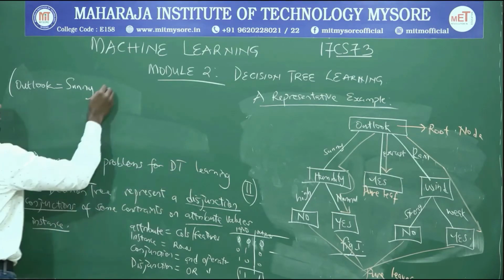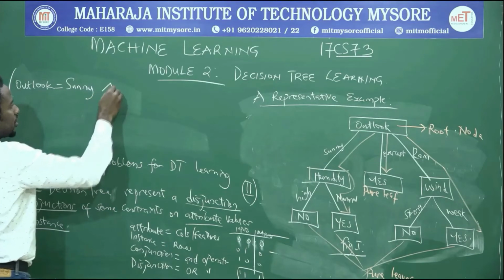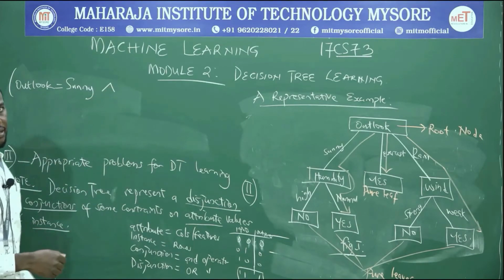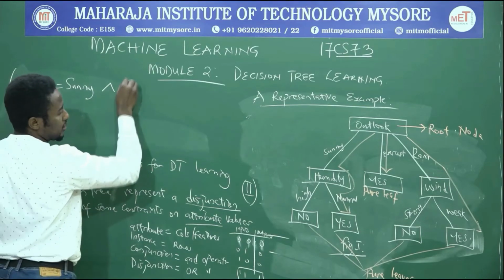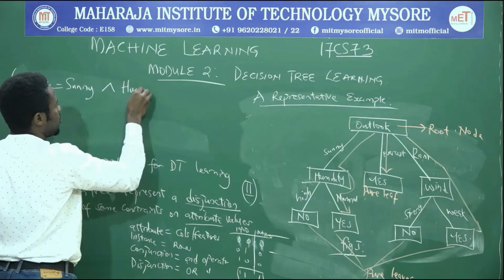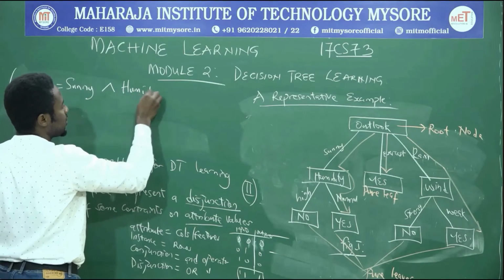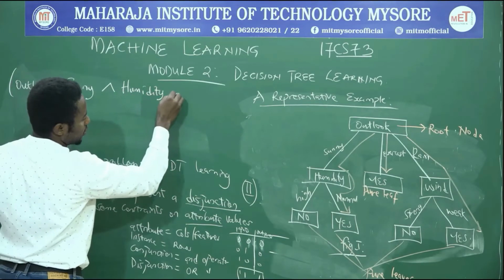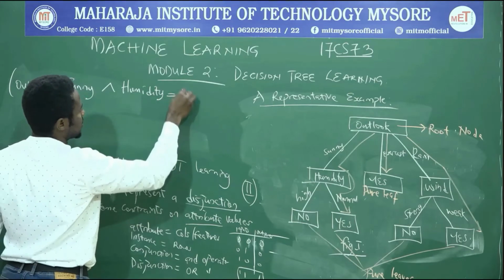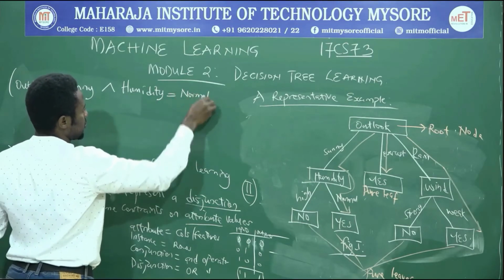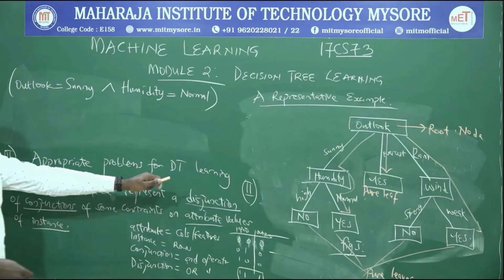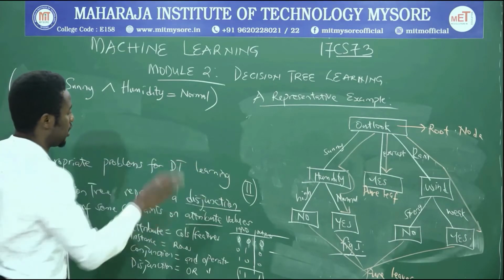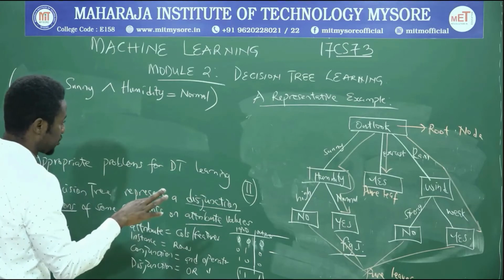So and, now and is represented with this symbol, called the caret symbol. And humidity equals normal. So that gave us a pure outcome, right? Yes.